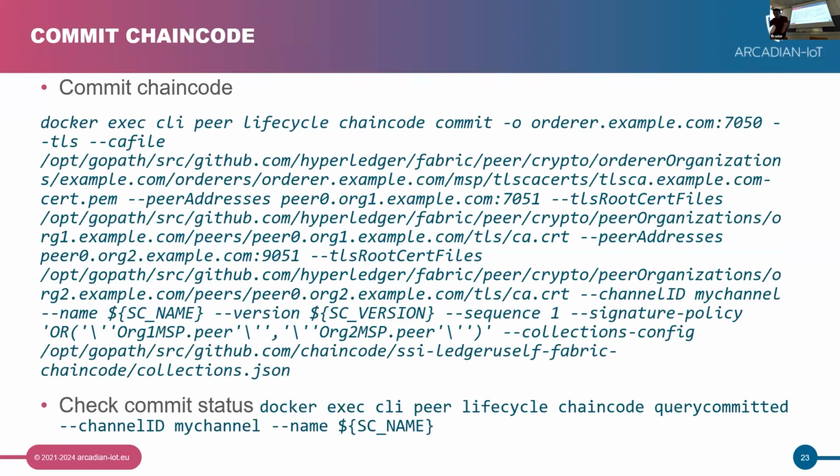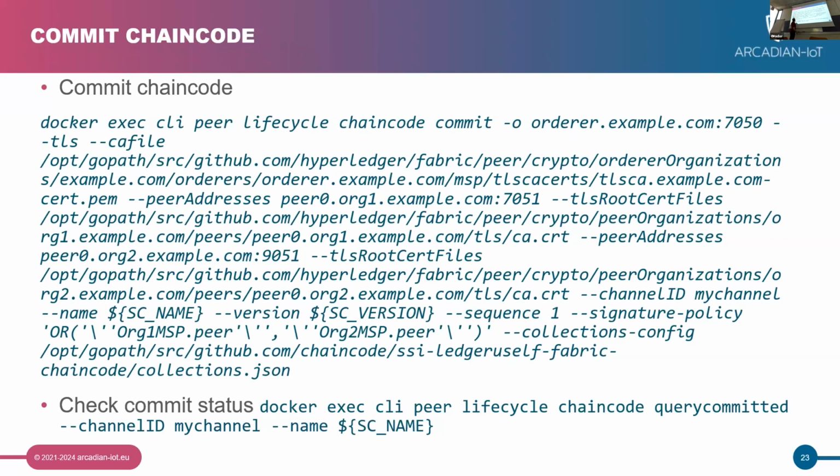Then we have to commit the chain code. When every organization has approved the chain code, then we are going to commit it in the channel so we can use it. In this case, I simplified the command even more. As I told you, the flag CI file means that the following are going to be the certificates files.